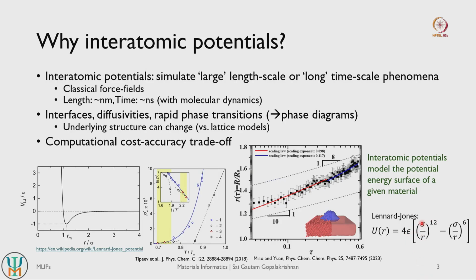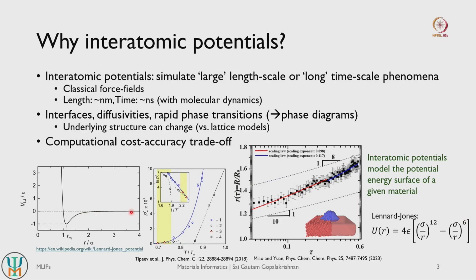So sigma by r power 12 basically stands for some kind of a repulsion term. So as atoms approach each other very closely, right, they will start repelling each other because of both electronic repulsions as well as nuclear repulsions. So you cannot compress atoms beyond a certain extent, so that is why there is a huge repulsion term here, and the sigma by r power 6 basically stands for this kind of an attraction term.